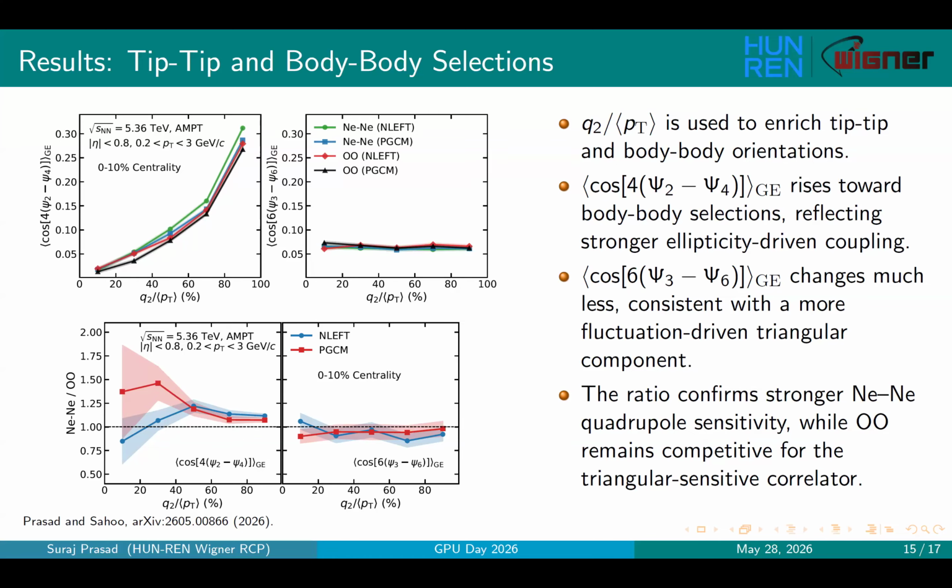I also studied these results for tip and body selections, and we see that the correlator psi2 and psi4, which depends upon the overlap geometry, is sensitive to tip and body collisions, and on the other hand, psi3 and psi6, which is driven by fluctuation, depends weakly upon that.